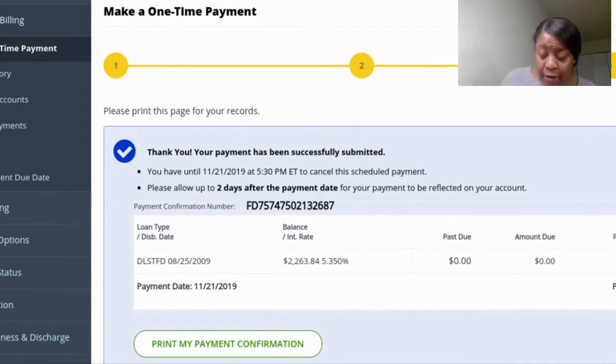I'm writing down that confirmation number. And so I will exit out of this app, and then I'm going to go into Nerdwallet.